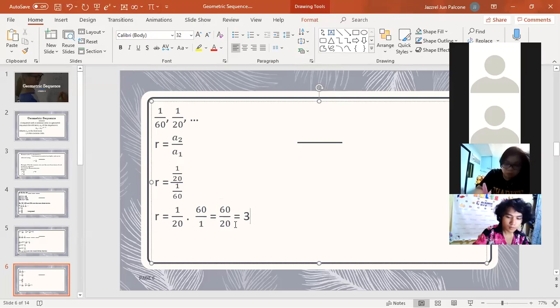Okay, now multiply mo na yung 3 sa 1 over 20. Note lang class, yung 3, itatimes mo lang dun sa numerator ha. Huwag mo yung itasama yung denominator. So it always 20. Right? And then I will ask one person to tell what are the following numbers that is next to 1 over 20.